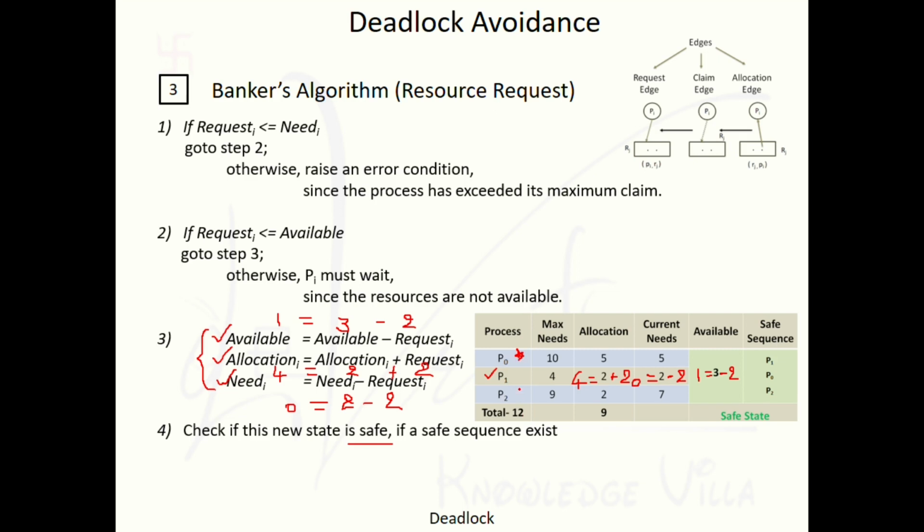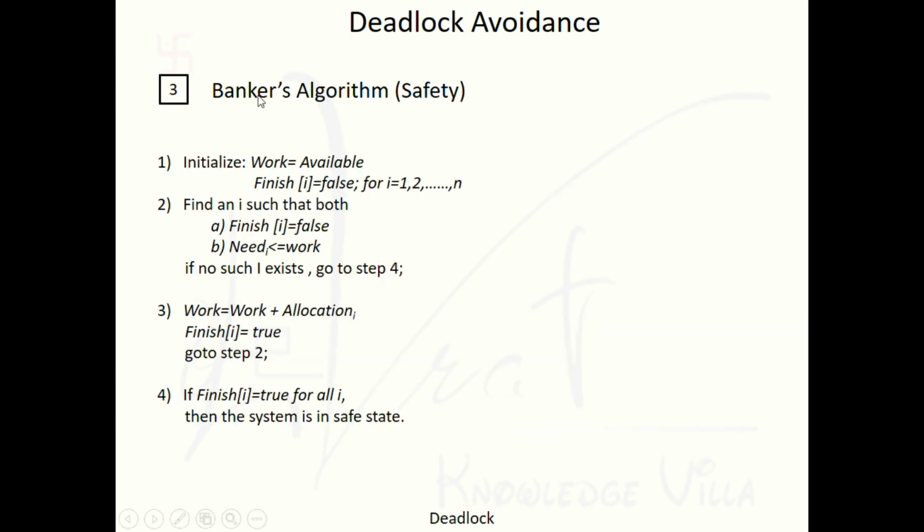Then and only then can we say that this state is safe. So we have to check for the whole number of processes. To do this check, we have the Banker's algorithm for the safe state. It is our algorithm for safety.